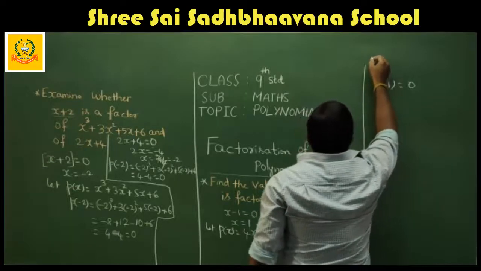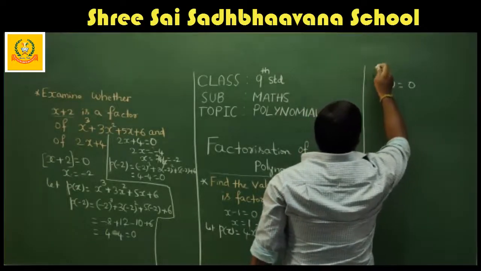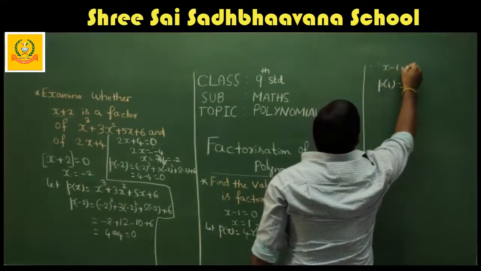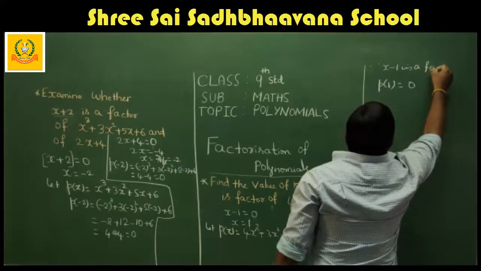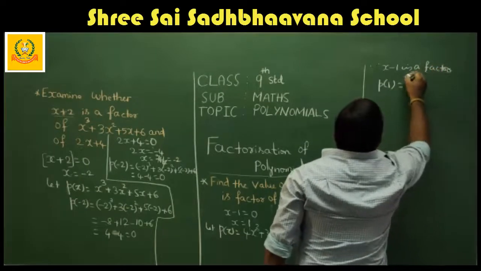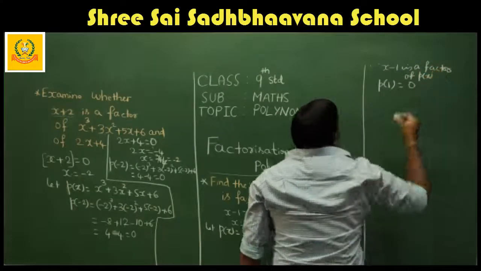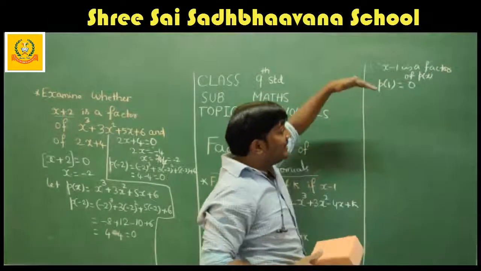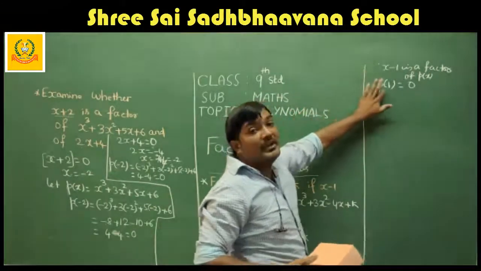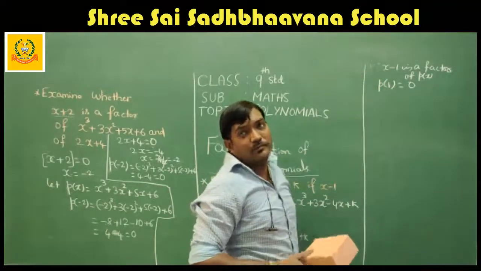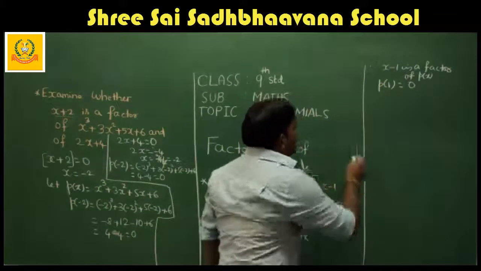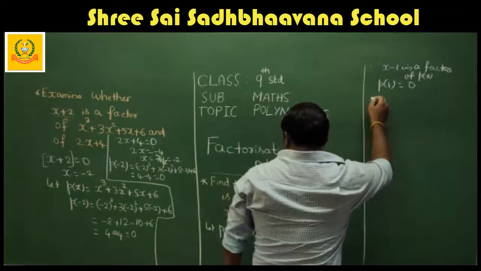Since x minus 1 is a factor of p of x, your p of 1 should be equal to 0. That is the condition. So substitute 1 in the place of x.